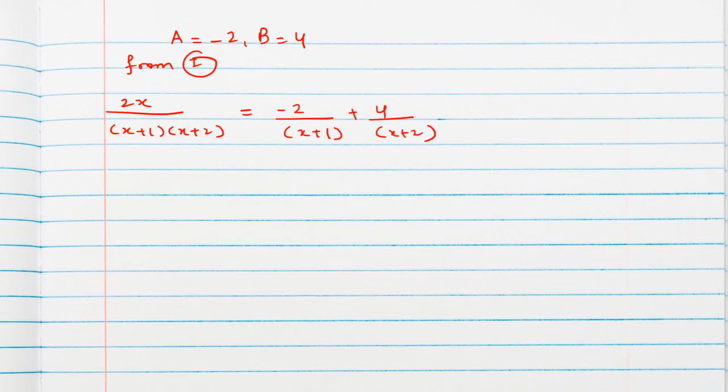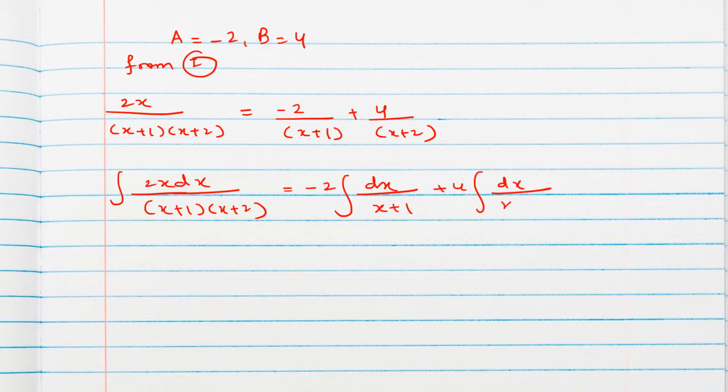Now apply integral both sides. So integral of 2x dx divided by (x plus 1)(x plus 2) equals minus 2 integral dx by x plus 1 plus 4 integral dx by x plus 2. So, this is I. Okay, minus 2 log of mod x plus 1 plus 4 log of mod x plus 2 plus c.